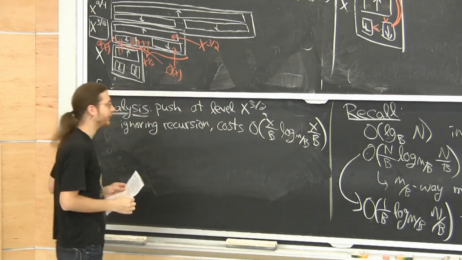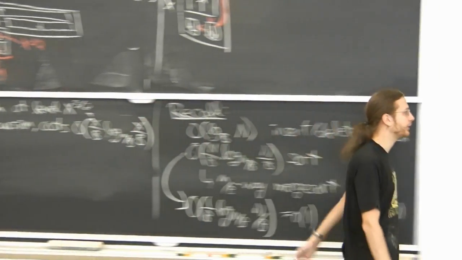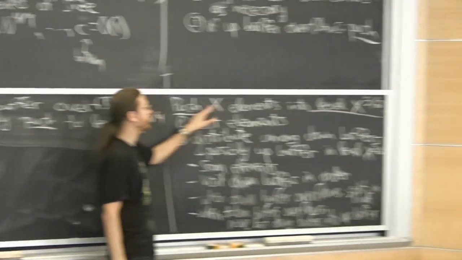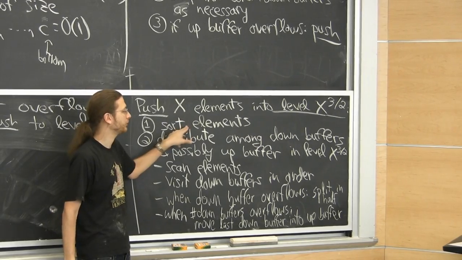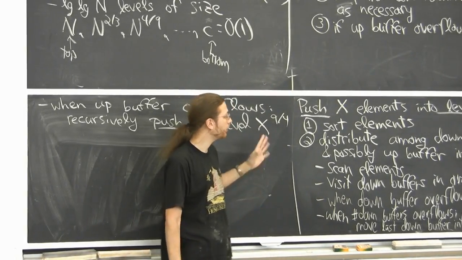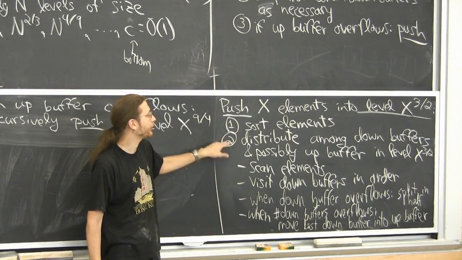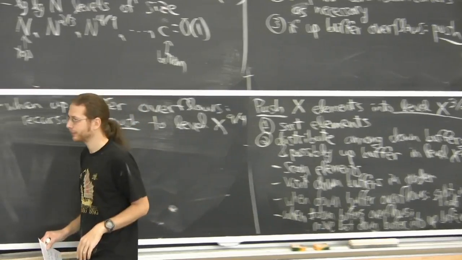So sorting bound on x items. So we spend that right away in the very first step. We sort x items. So that costs x over b times log base m over b of x over b. And the whole point of the analysis is to show that this distribution step doesn't cost any more than the sorting step.